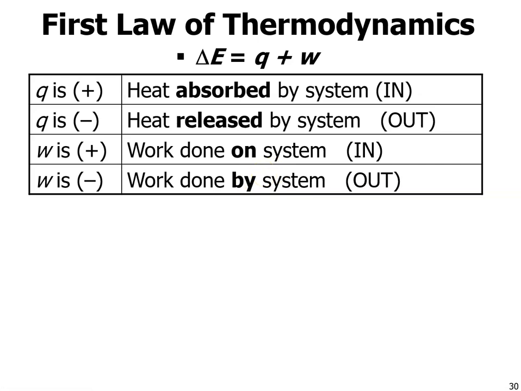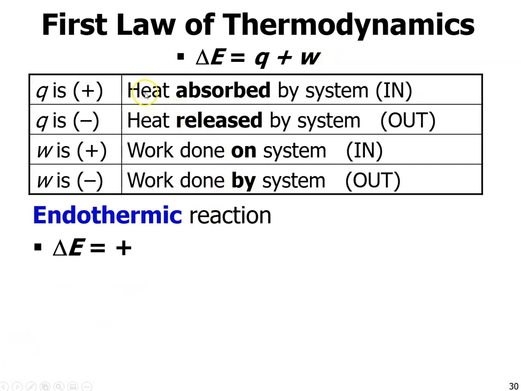If work is done by the system, it's going to expand out, so that's a negative value for work. When the heat plus the work is a positive value, that's called endothermic. Essentially, if it's endothermic, we're increasing the potential energy, putting energy into the system and storing it in the system.